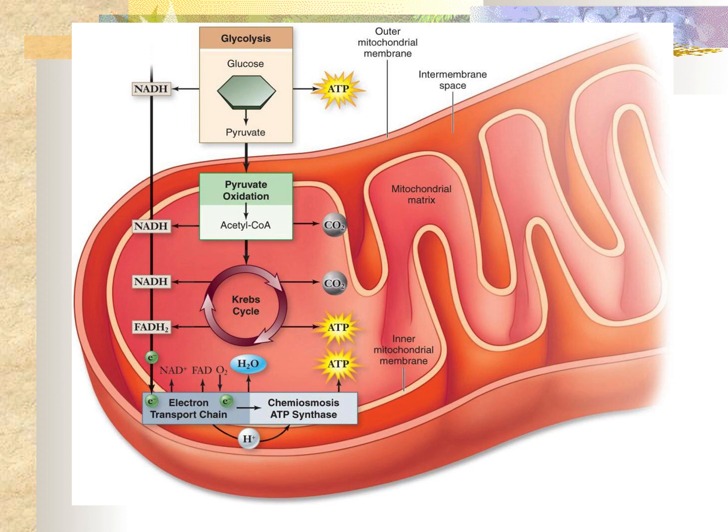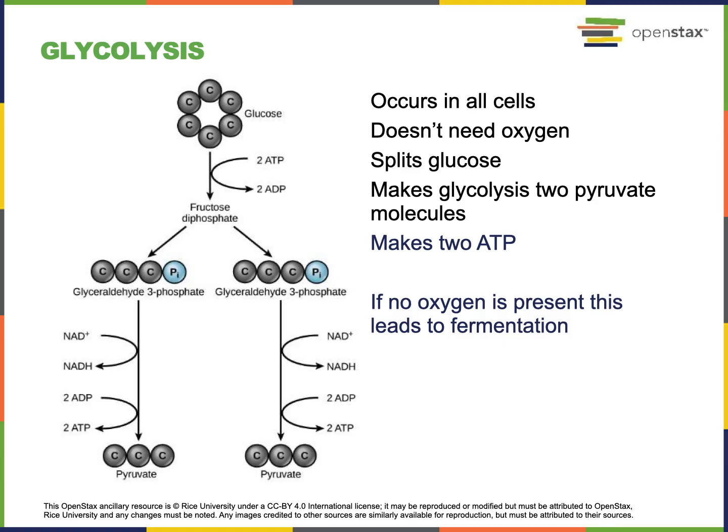Okay, so now we're going to go into this first step and what happens in this first step if oxygen isn't present. This first step is glycolysis. This occurs in all cells, and it really doesn't use oxygen. What happens is a 6-carbon sugar like glucose is split into two 3-carbon molecules, and these are pyruvates.